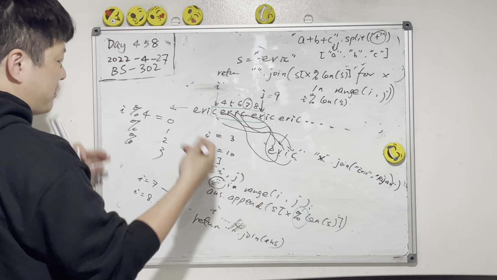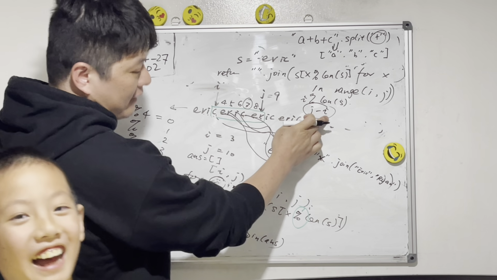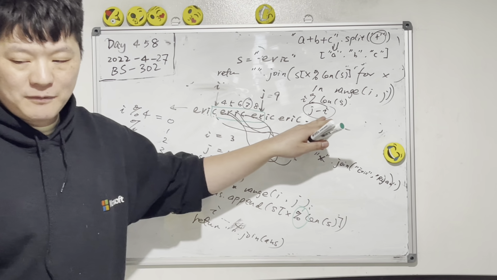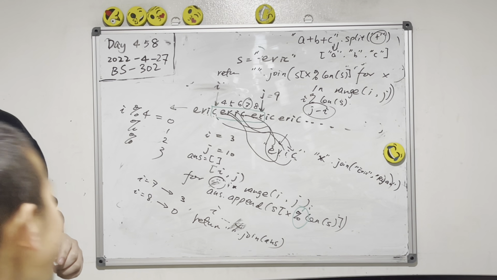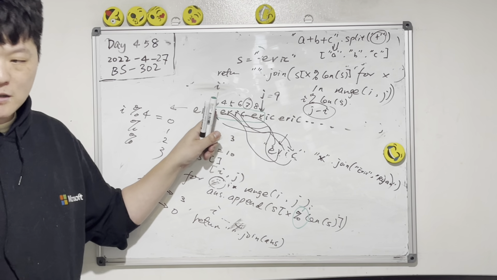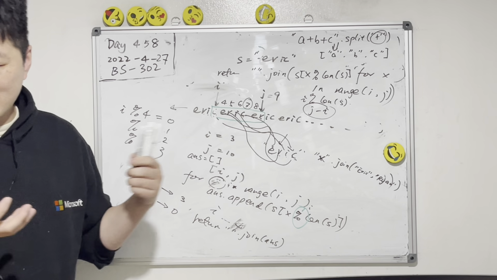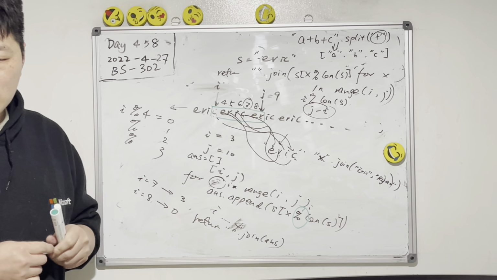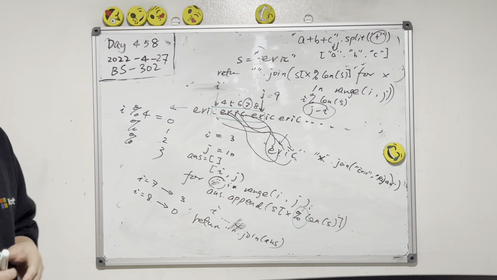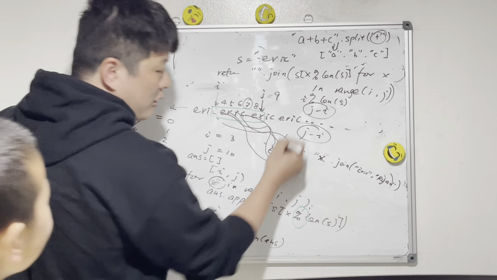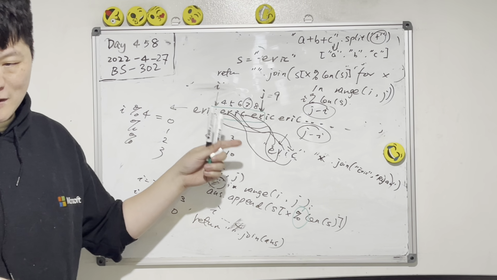How many characters we need to return is J minus I. So what's J minus I? It's the number of characters we need to return, the green bar, the number of characters of the return string.